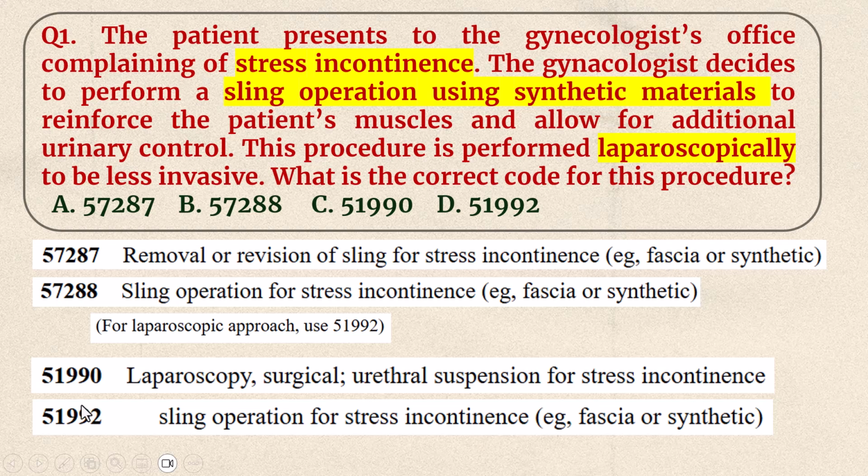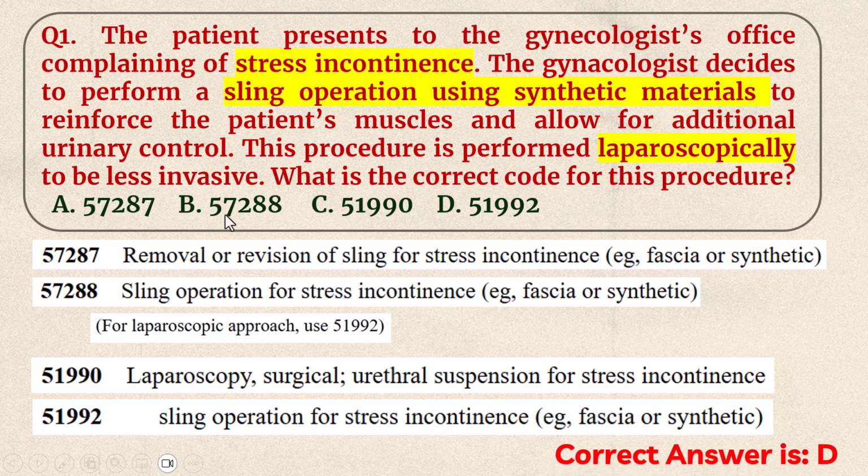So this code is a continuation of 51,990, that is laparoscopy surgical. You can see a semicolon. So after the semicolon, you have to read this part. For the next code, you have to read the part before the semicolon, then the other part. So 51,992 is laparoscopy surgical sling operation for stress incontinence, for example fascia or synthetic. So the correct answer is D.